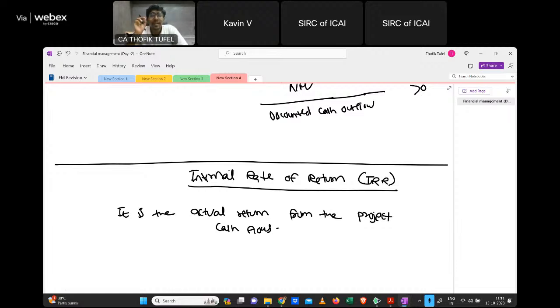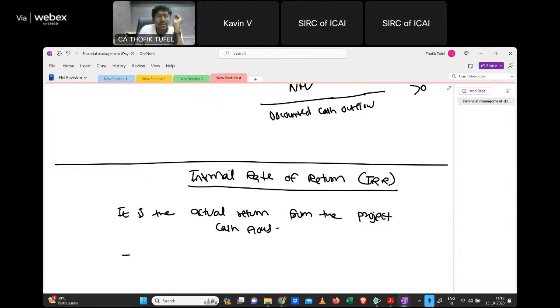So at some point, this NPV should become zero, correct? Because at 10% you still have some value. If you put 11%, maybe this 20,000 will become 18,000. If you put 12%, maybe it will become 10,000 rupees. So at some percentage your NPV becomes zero.